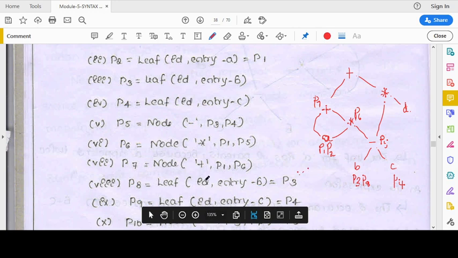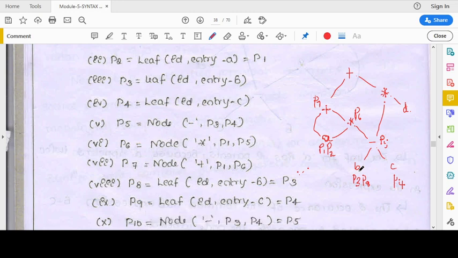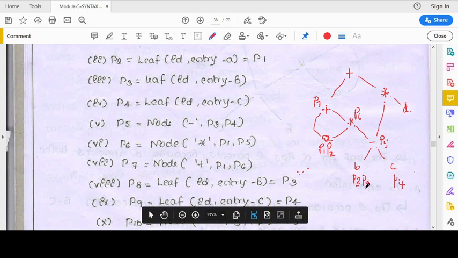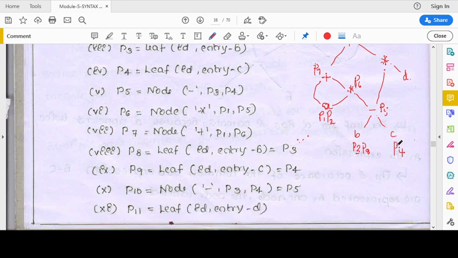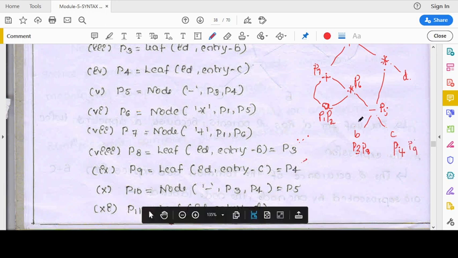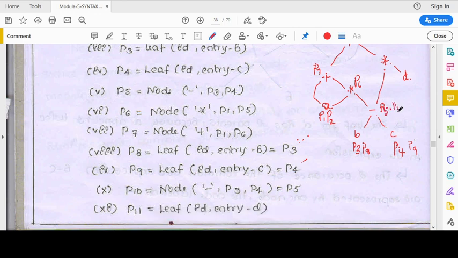This is a new expression with the B. P8 is again a new entry of ID, and P8 is exactly equal to P3. Similarly, on the other hand, C is having P4, and again it's an ID entry, so this will be my P9. So P9 is equal to P4. P5 will also be again with the same term, equal to P10.